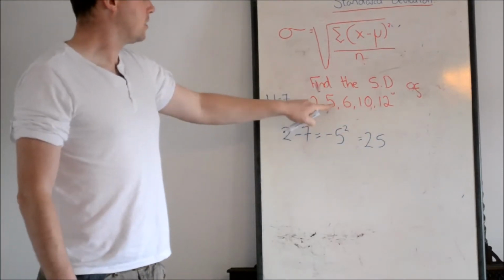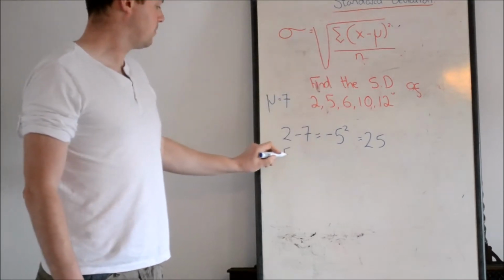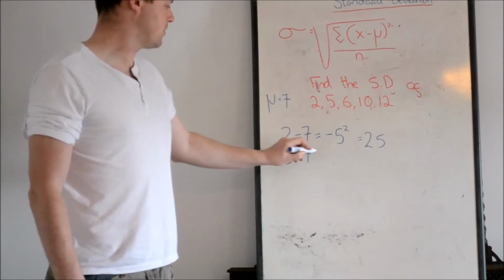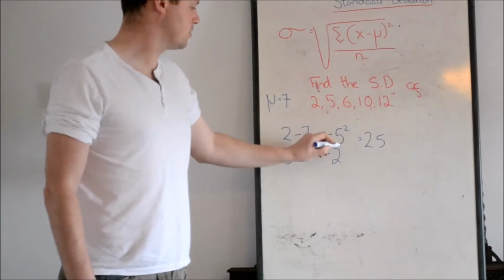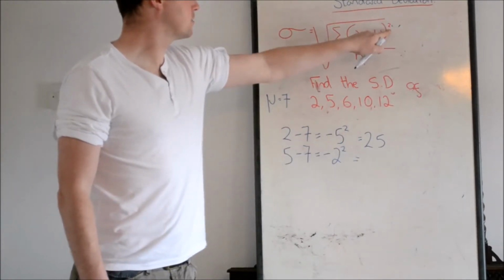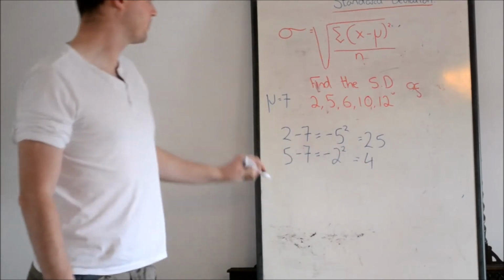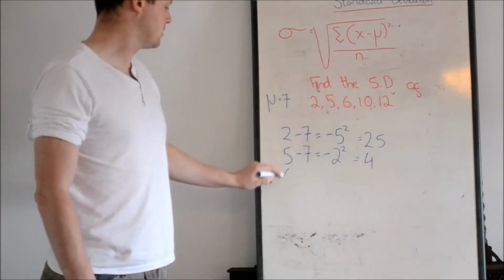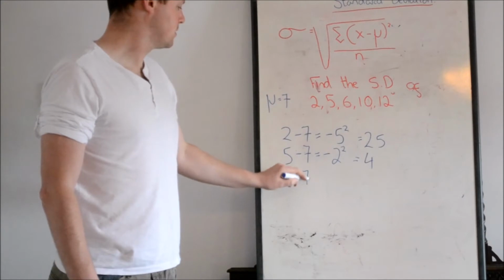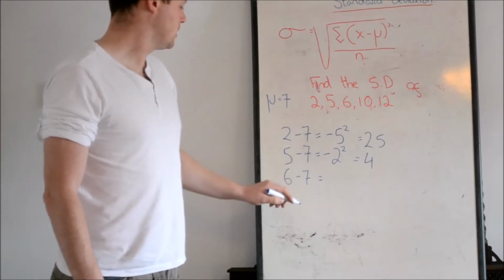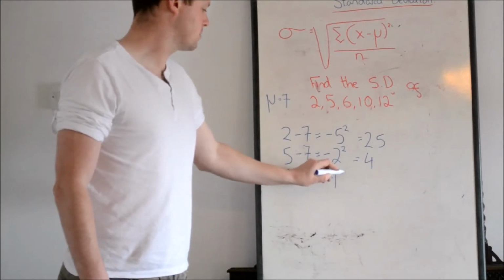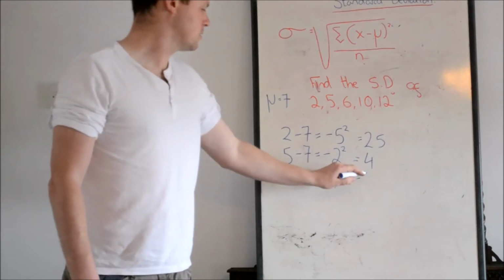Let's take our next number. 5 is our number now. So 5 minus 7 equals minus 2 squared. That's the reason we're squaring it. And we get 4. Next number, 6. 6 minus 7 equals minus 1 squared. And that gives us 1.